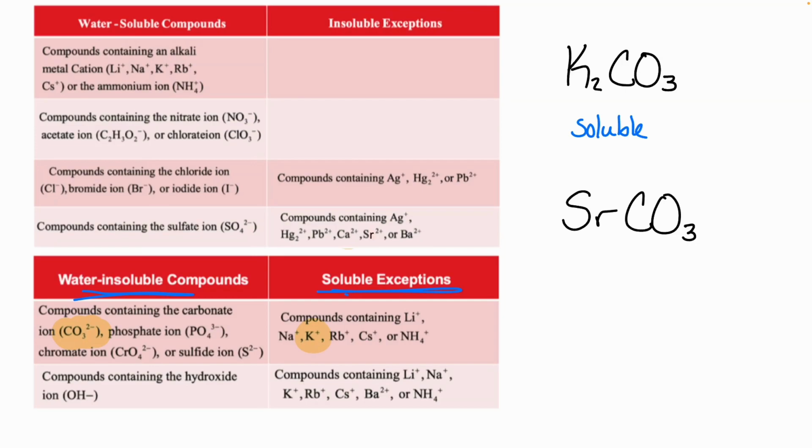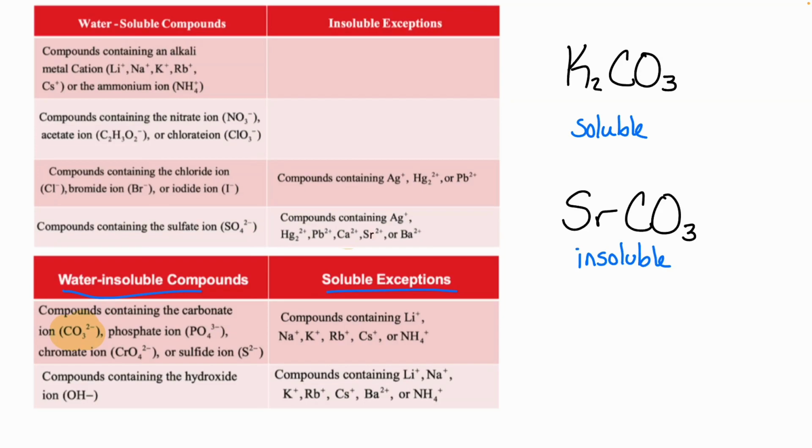So indeed that compound would be soluble. And then what about strontium carbonate? That one's insoluble, right? Because again, most carbonates are insoluble, and there are a few soluble exceptions here, but strontium is not listed as one of them. All right, so if it's not in that soluble exceptions column, it's going to be insoluble.